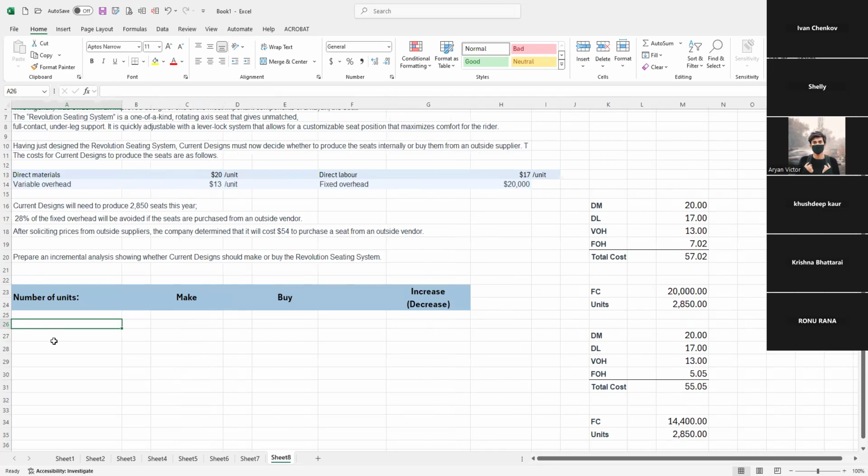First, what are we going to do? Direct material, right? Then we have direct labor. Then we have the variable overhead. Then we have fixed overhead. It's overhead. And then we have purchase price. We have to purchase it, right?